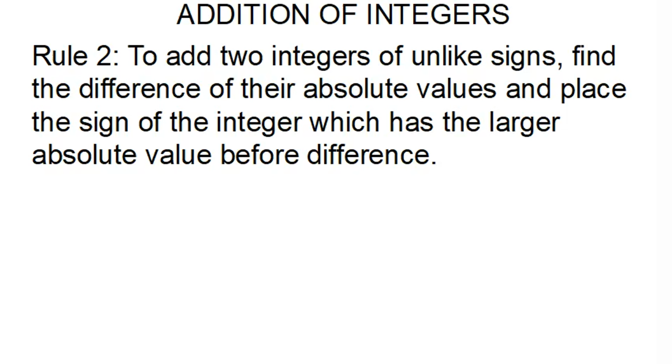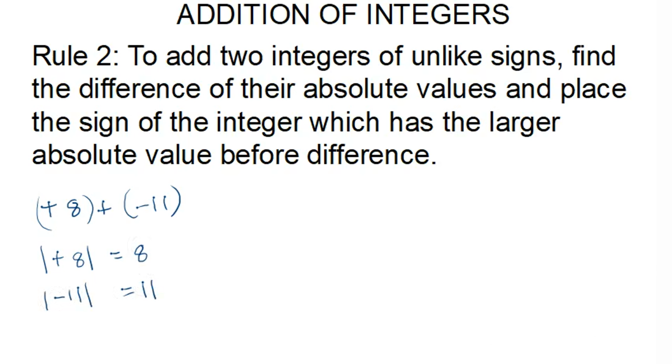We'll take an example of plus 8 plus minus 11. What are we supposed to do? The first step is the same. You will find the absolute values. The absolute value of plus 8 is 8. The absolute value of minus 11 is 11.